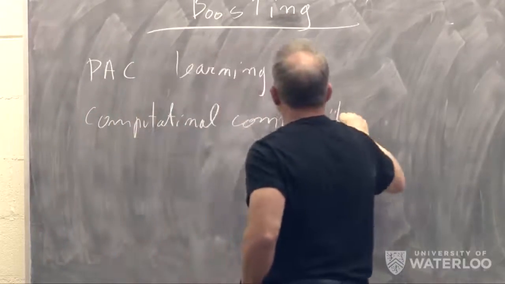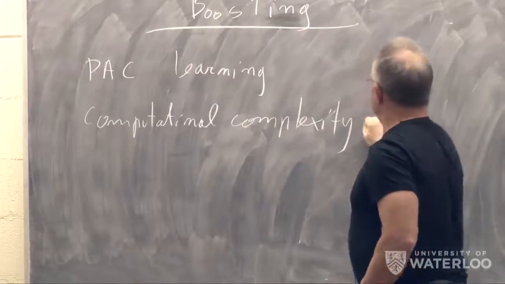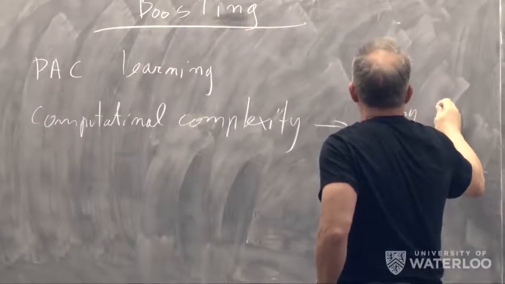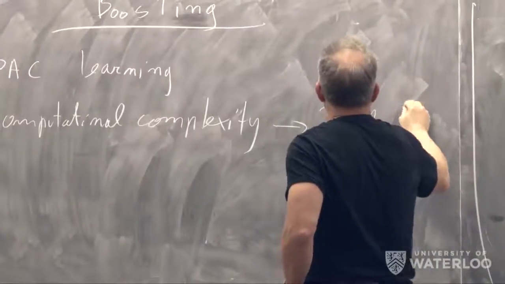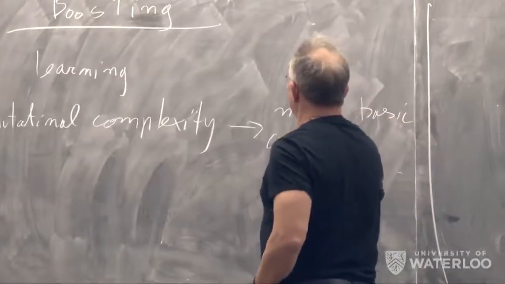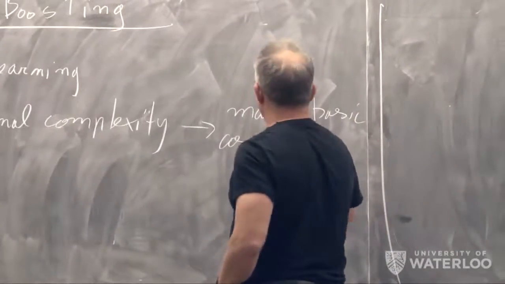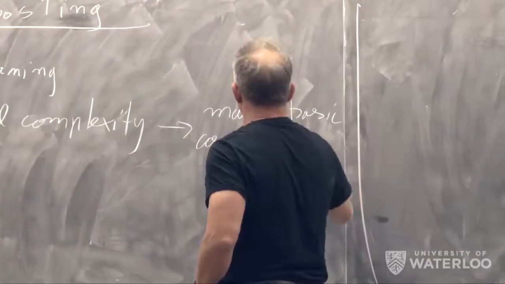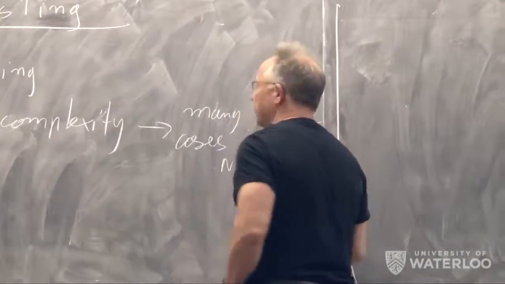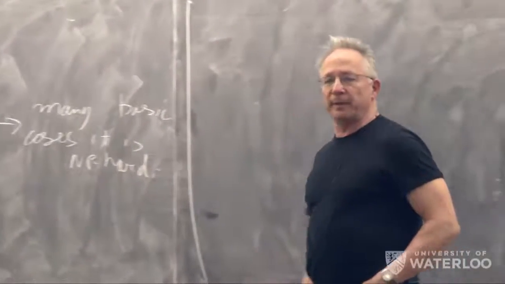Of PAC learning. And they realized that in many cases, even basic cases, like half spaces, like rectangles, it is NP-hard. So what was the problem that it's NP-hard?